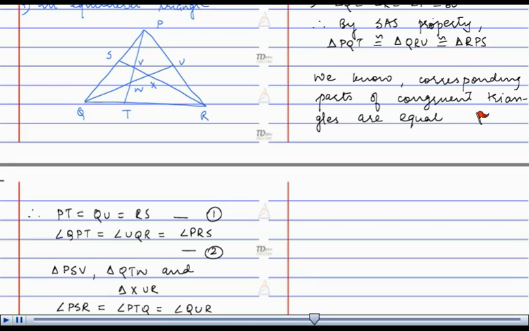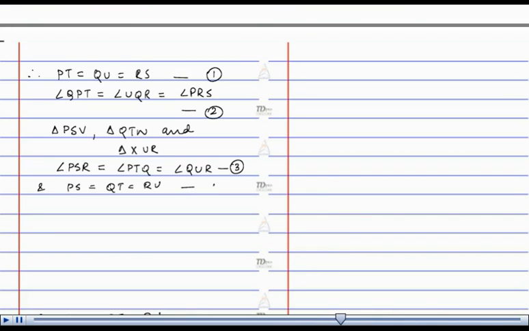Let us call this equation number 3. And PS is equal to QT is equal to RU, which is given in the question. Let us call this equation number 4.